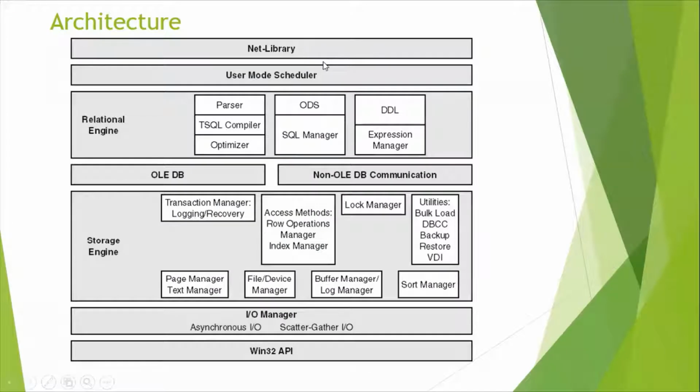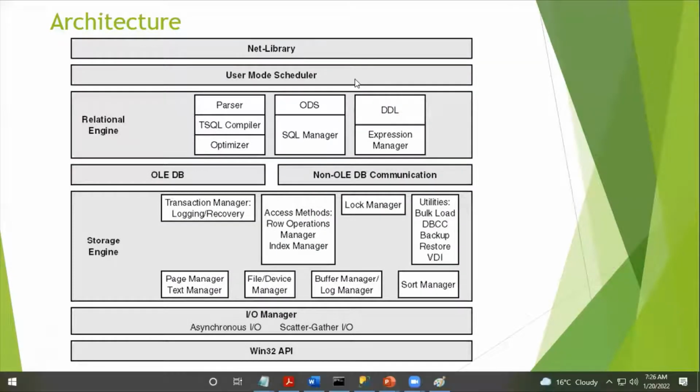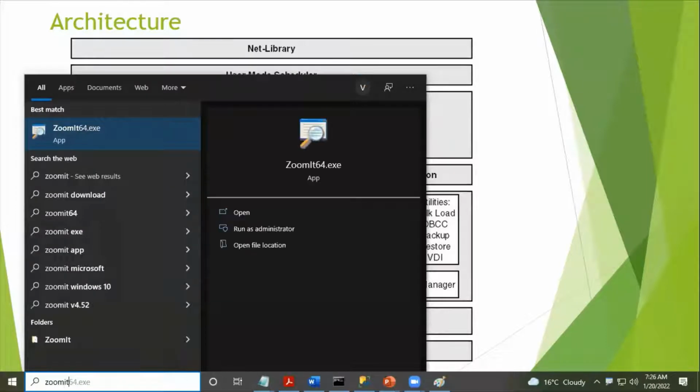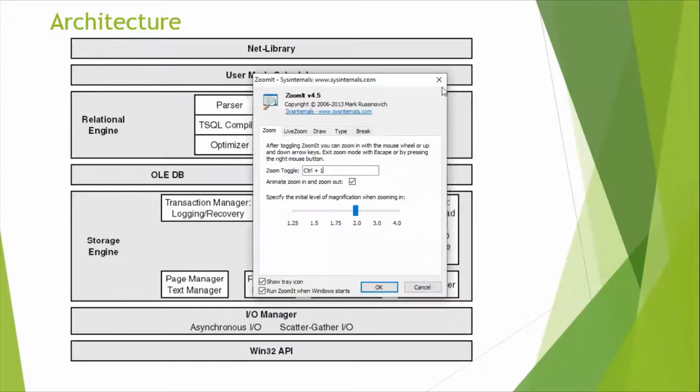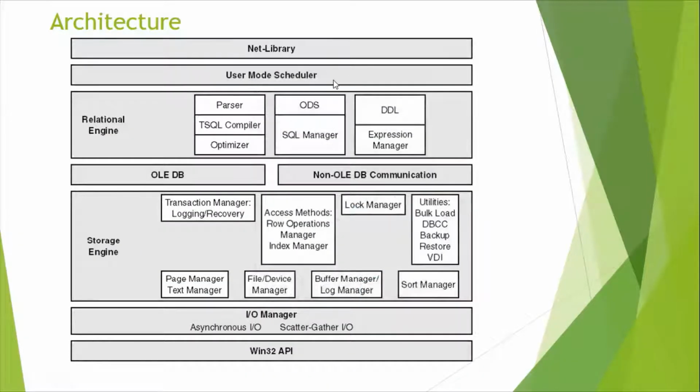So the communication will happen through here. After the network library comes the user mode scheduler. This is what we consider the SQL OS. Earlier we used to call it the user mode scheduler, or UMS. Later it was renamed SQL OS, the SQL operating system.